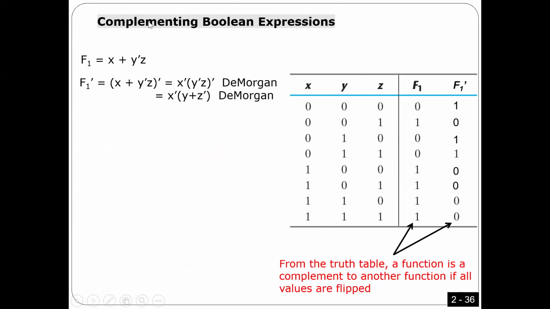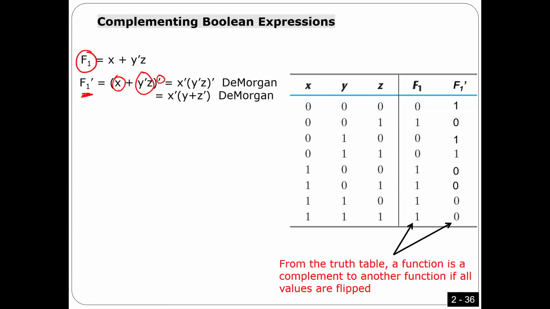Okay? So here's what I'm saying. I'm explaining complementing a function, a Boolean expression or a function. So if you have a function like this one, F1, and I wanna get the complement of this function, I'm gonna take this function and then I'm gonna complement it. And after that I can apply De Morgan. So this is one expression here.